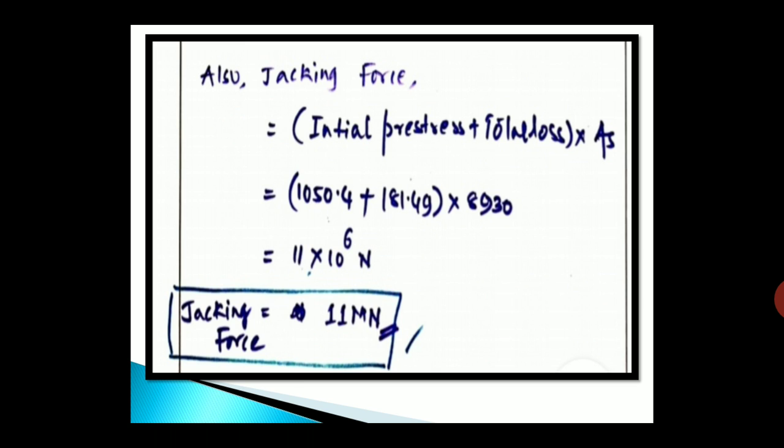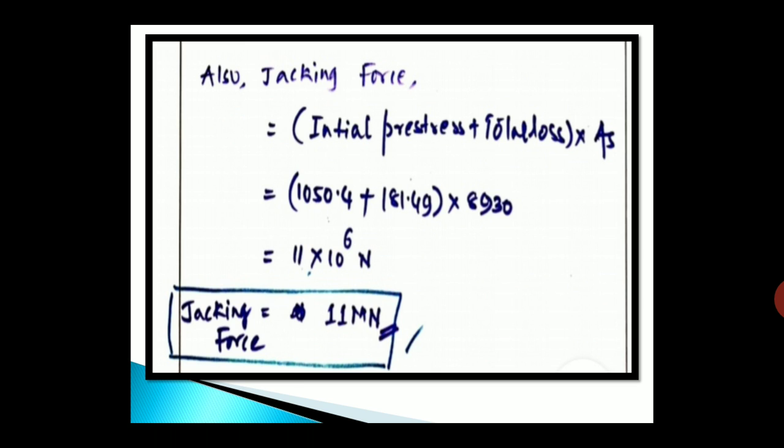Okay, so 1050.4 plus 181.49 into area of steel, which is 8930, we get 11.11 into 10 raised to 6 Newton. That is, jacking force required will be 11 meganewton.